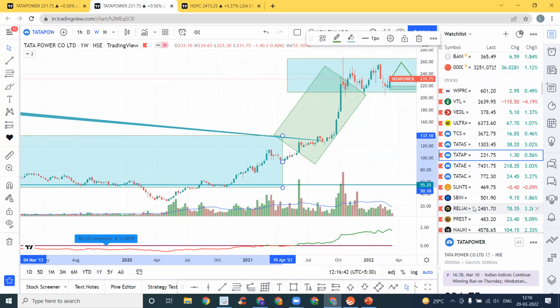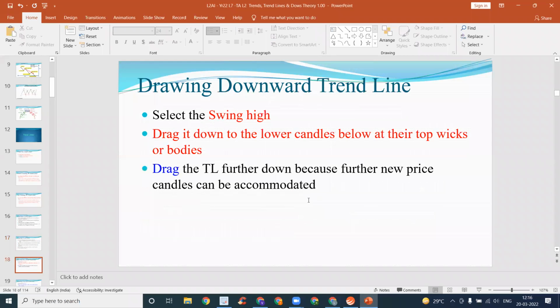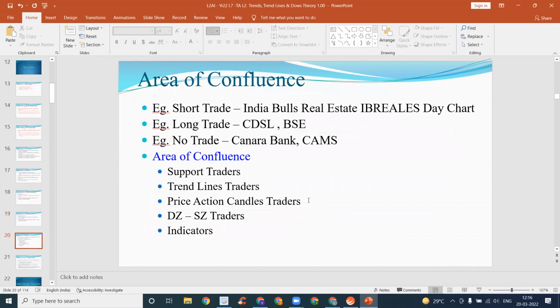So what we are doing is we have to look at confluence of indicators. What is area of confluence? Area of confluence means I will look at my support line and resistance line where my support traders are there.